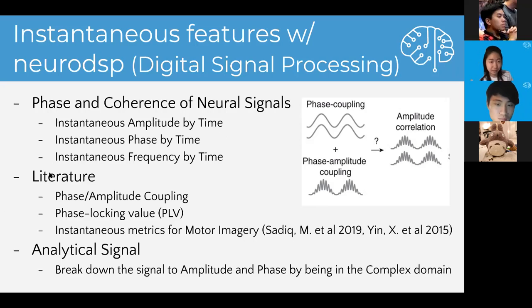In literature, EEG data has a lot of phase amplitude coupling associated with it. To give you a visual of what that means, if you have phases that couple together, you can think of sine waves that are at the same phase at the same time.